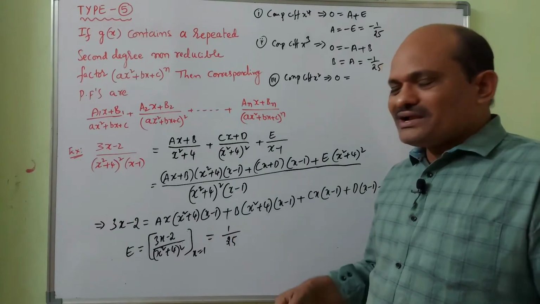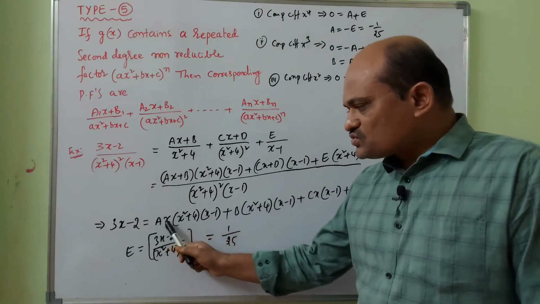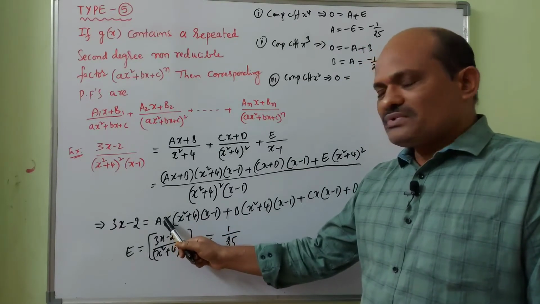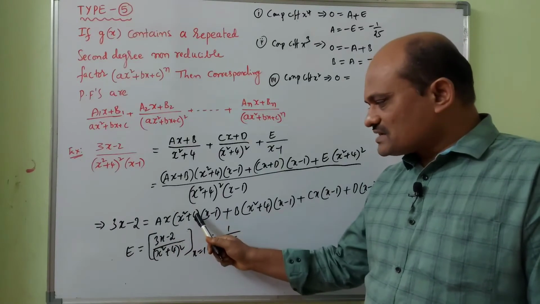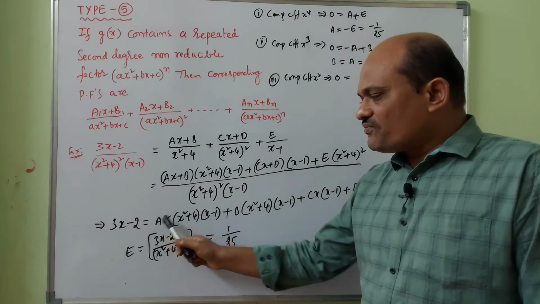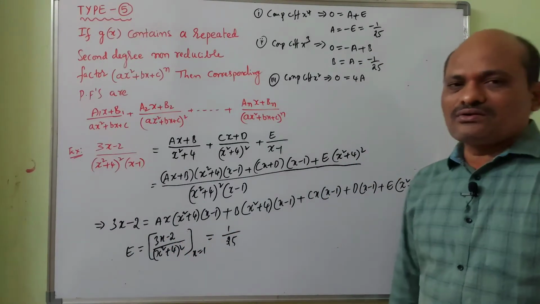To get the x square coefficient, ax should be multiplied with x square, and ax should be multiplied with x. What is the x coefficient here? 4x, no? If you multiply, you will get 4ax square. So you will get 4a as the x square coefficient.